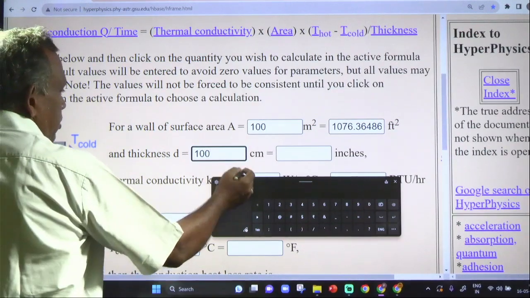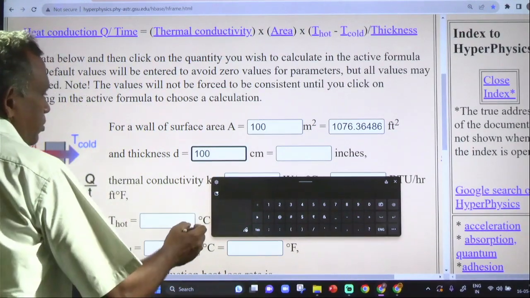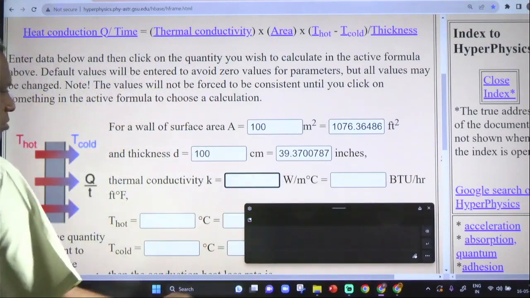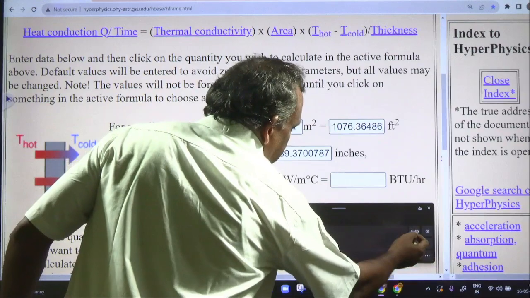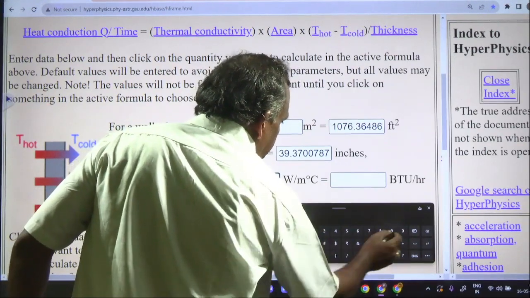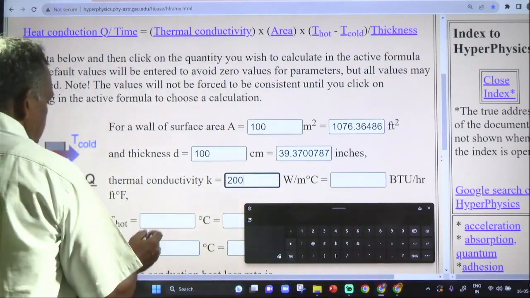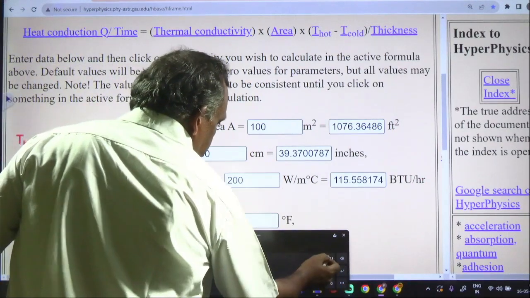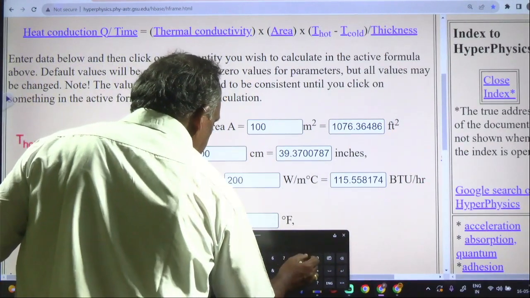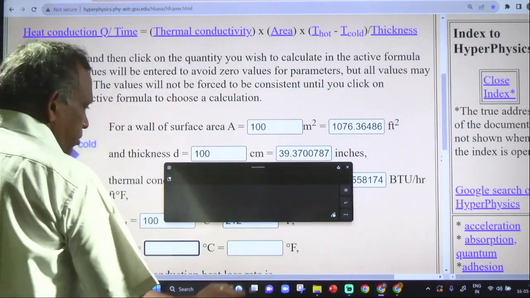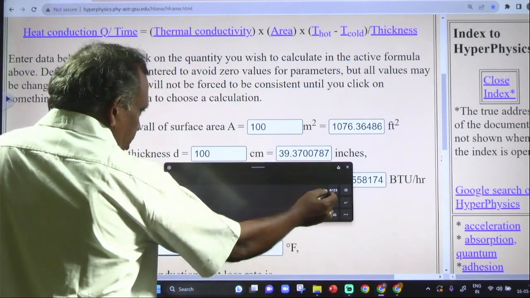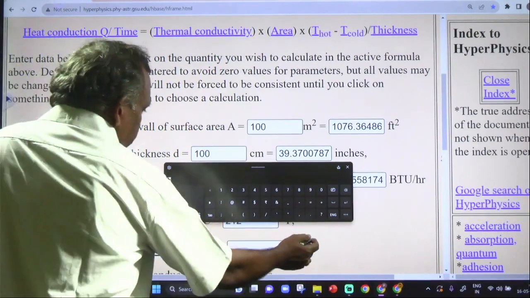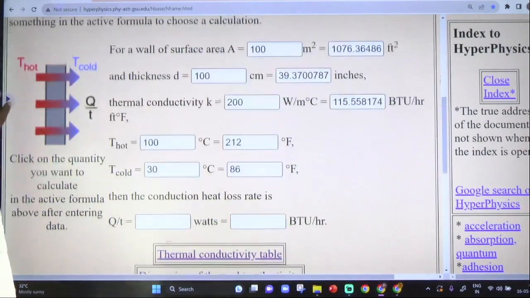So you can take the thermal conductivity value, assume that it is 200. The temperature of the hot body is 100 degrees. The temperature of the cold body is around 30 degrees. This is the data given.